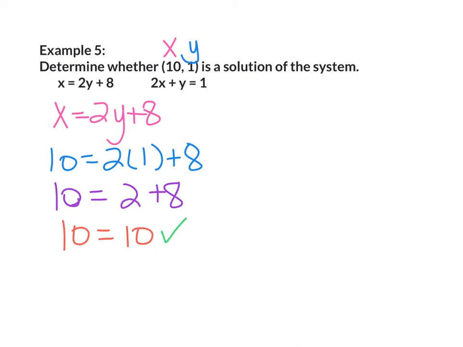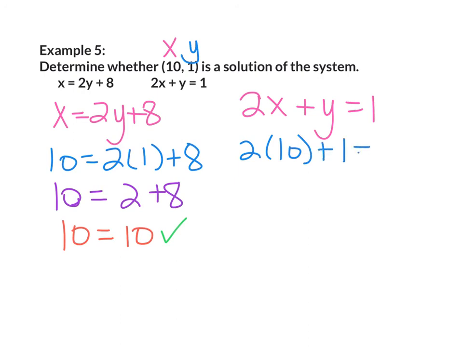Now the next equation. I have 2x plus y equals 1. So I have 2 times x, which is 10, plus y, which is 1. Bring down the 1. So 2 times 10 is 20. Bring down the 1, and bring down the other 1.